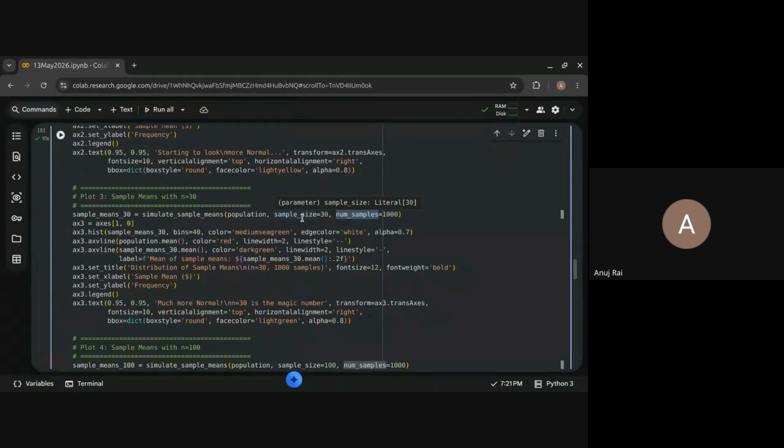We did that because we want to find out the normalization of the curve. That's why we are taking different numbers of people and different numbers of sets. Exactly, you are right.